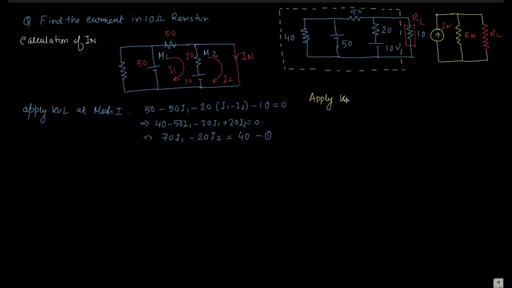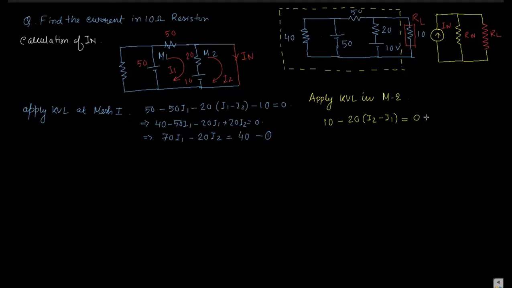Apply KVL in mesh 2. What is the mesh 2? This is the mesh 2, a small mesh. So this is the 10 minus 20 (I2 minus I1) is equal to 0.